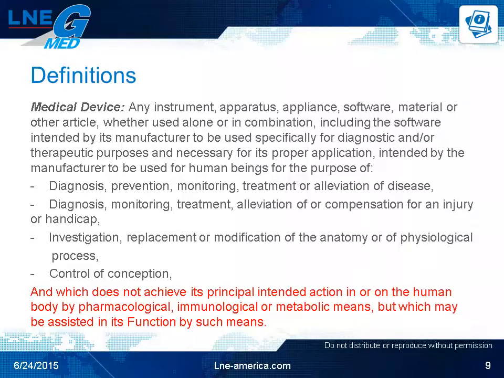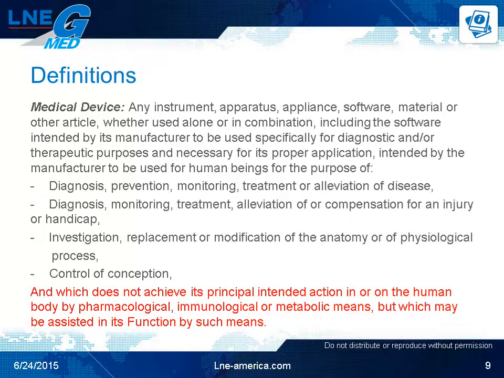Question to ask: how to consider the device a medical device? When the device is intended by its manufacturer to be used specifically for diagnostic and/or therapeutic purposes, and necessary for its application, intended by the manufacturer to be used for human beings for the purpose of diagnosis, prevention, monitoring, treatment, or alleviation of disease.